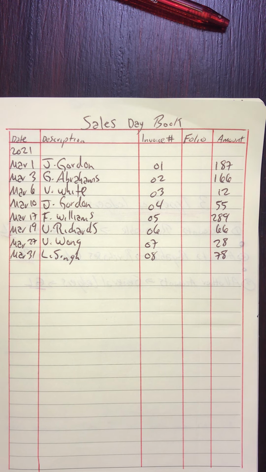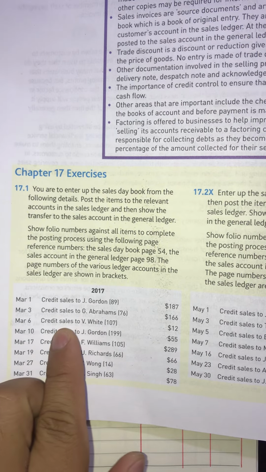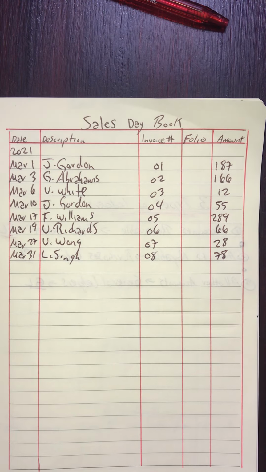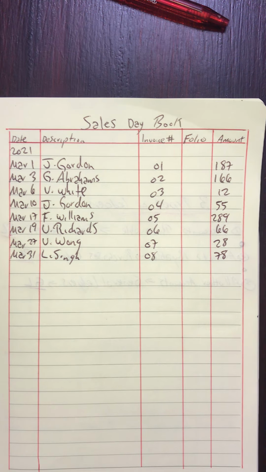So we've journalized all these transactions. So taking these transactions and recording that information here is called journalizing. You've heard that term before in this class. Now you get to experience it firsthand.